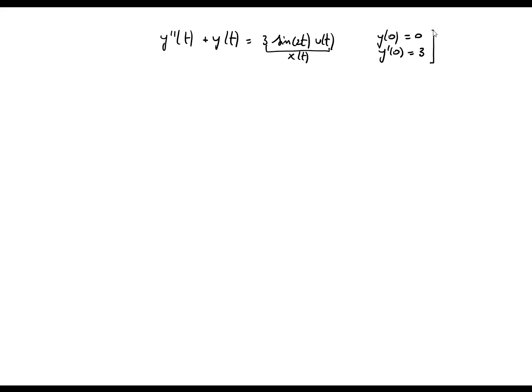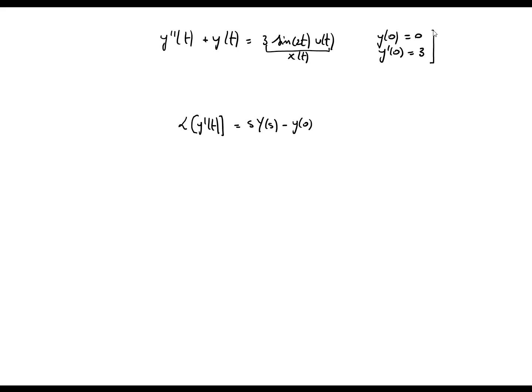So what we can do is maybe go to the Laplace domain, and before we go to the Laplace domain, we remember that the Laplace transform of the derivative of y is sY(s) minus y(0).